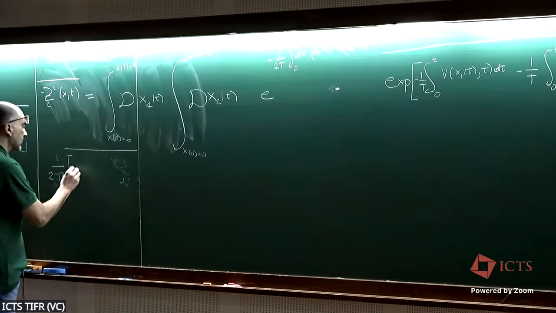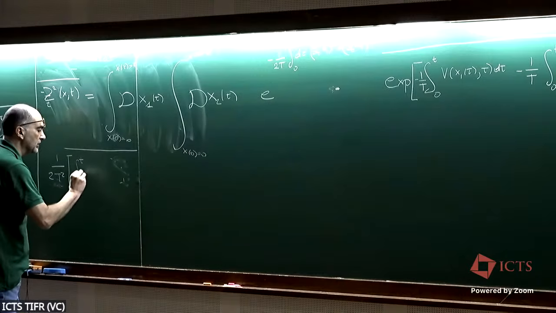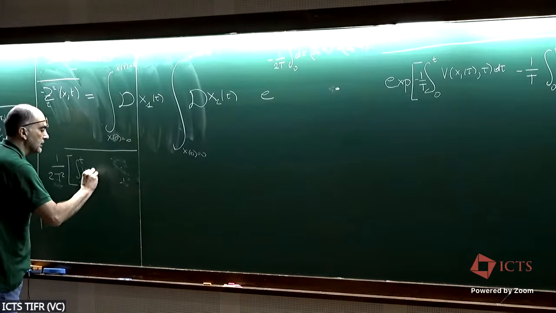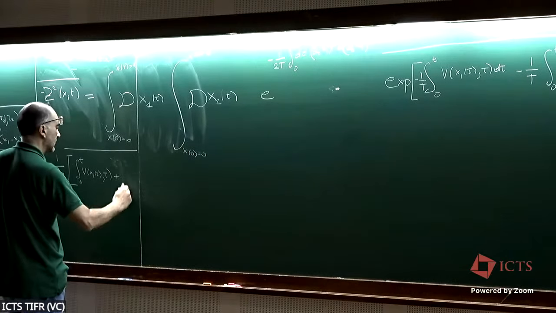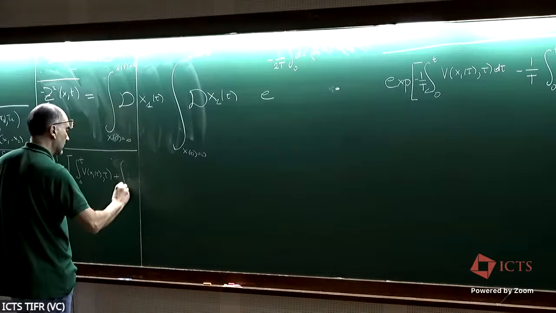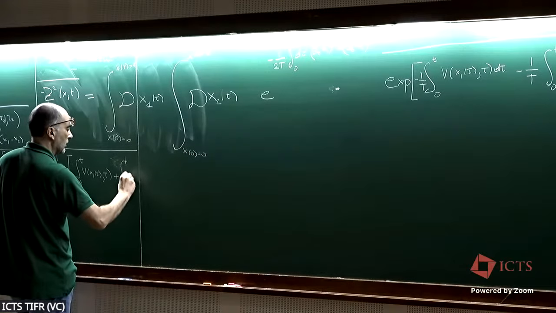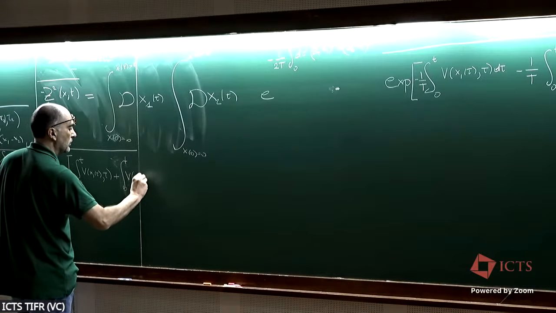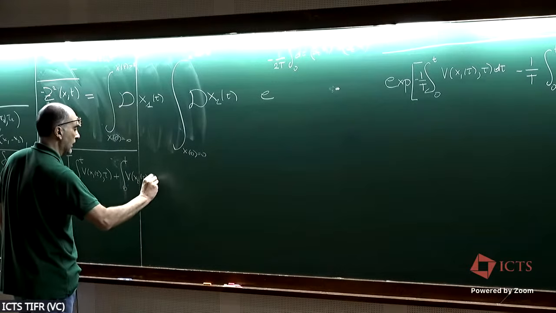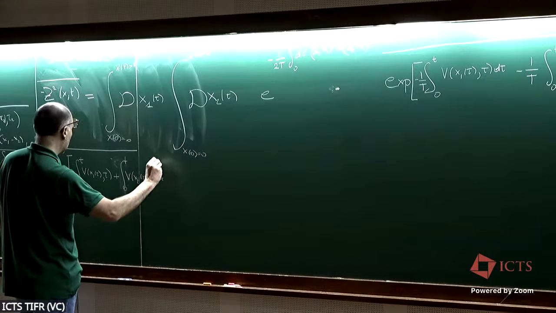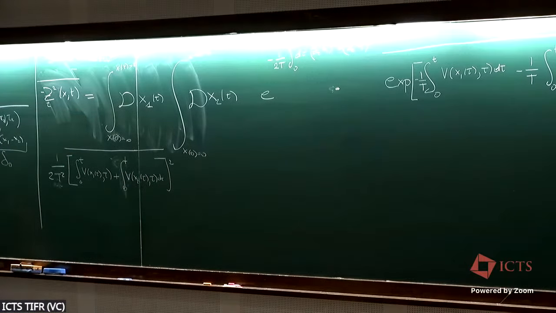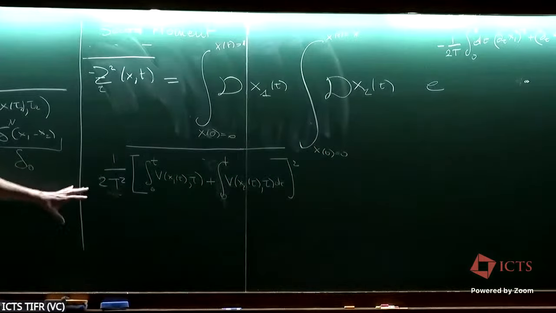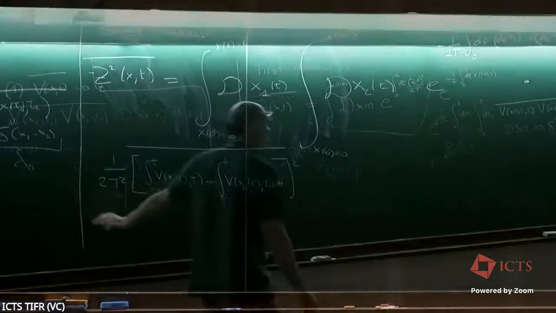And now we have the integral from 0 to t of v x1 tau d tau plus the integral from 0 to t of v x2 tau d tau. And this we have to square and average. Okay? It's clear? I'm doing just 1/2 w squared average. Okay?